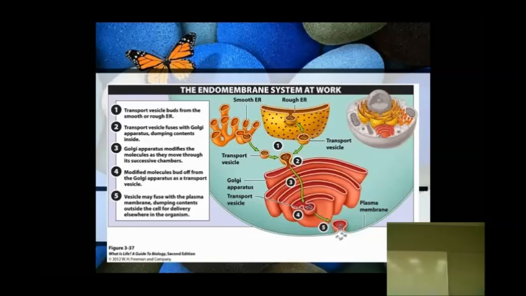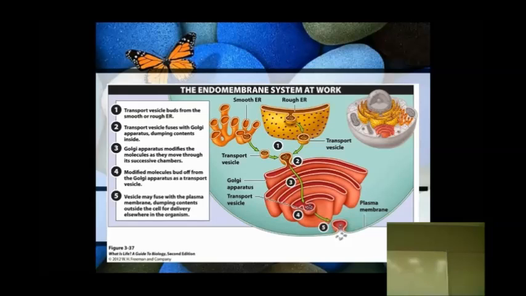And so here's basically a look through the endomembrane system, or the inner membrane system of the cell. So the first thing that happens, starting here in number 1, the transport vesicle buds from the smooth or the rough ER. It gets fused to the Golgi apparatus, which is right over here. And the Golgi apparatus modifies it, and so it moves throughout the Golgi apparatus.